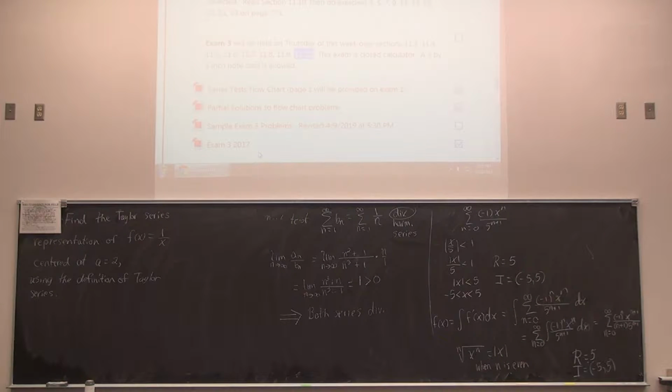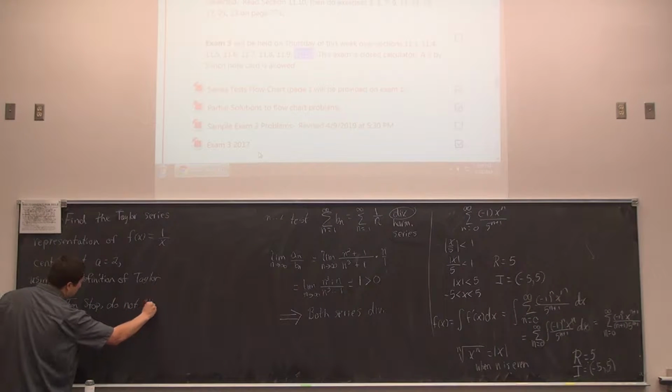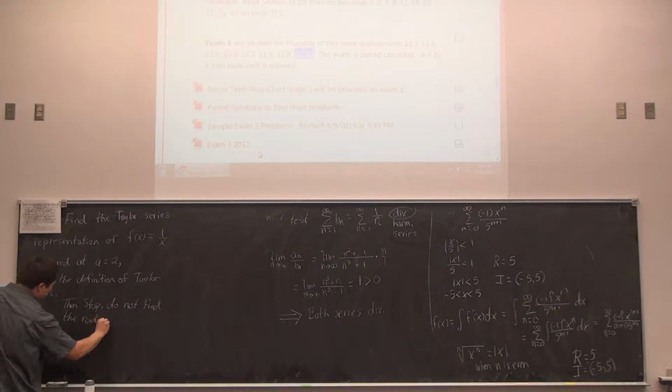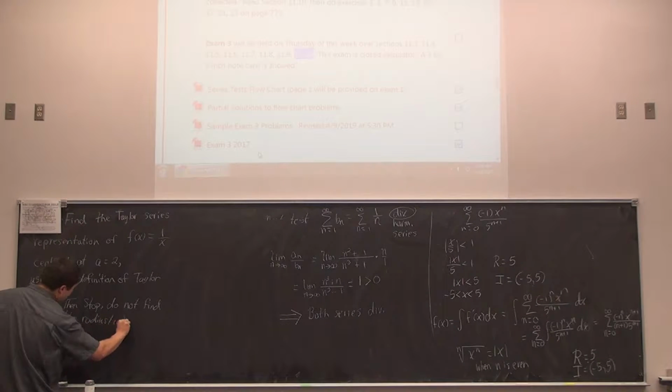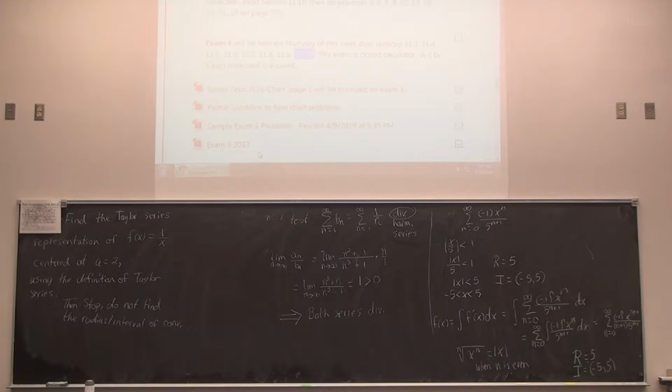Probably I'd add a little bit extra to this if it was an actual exam problem. I'd probably say, then stop, do not find the radius nor interval of convergence. So some of the problems on the actual exam have further instructions to tell you to move on to the next problem.